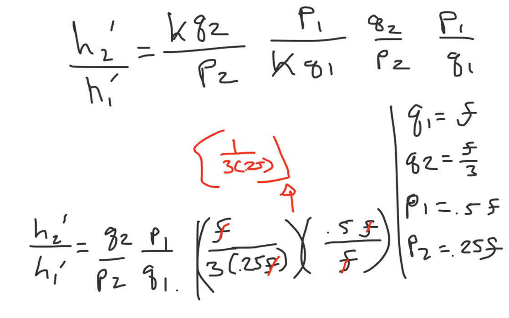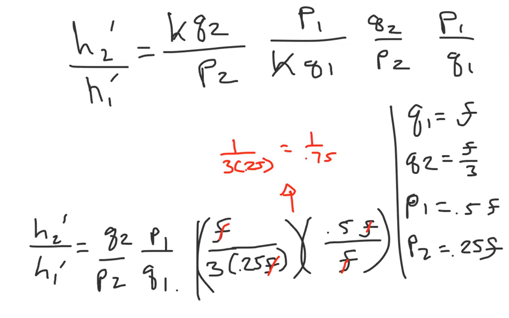Multiply those two numbers first. What is that? Good. So that means that this is equal to 1 over 0.75.